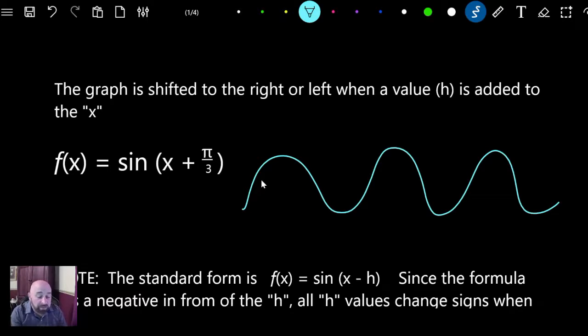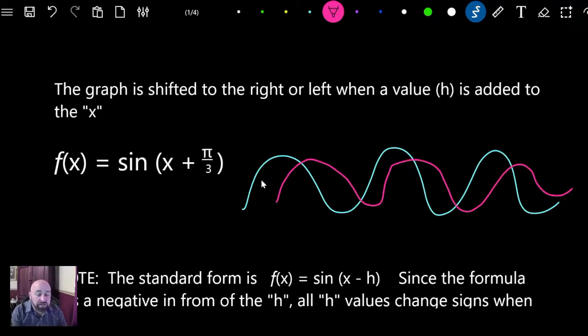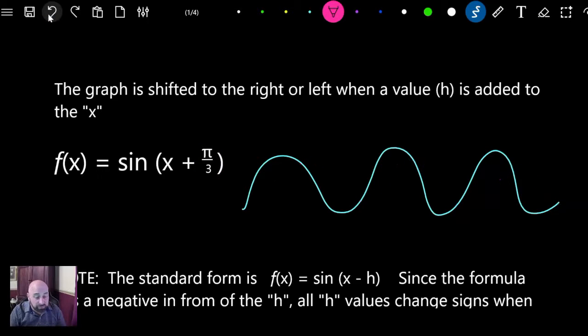So this is the standard form. And what happens is, I'm going to draw it in a pink line, it just moves it. And so everything is the same, it just moves it over. That's the only thing that's happened here. There's no stretching, there's no change. Everything's the same, except now it's moved over. In this case, it's moved over pi over 3 places.